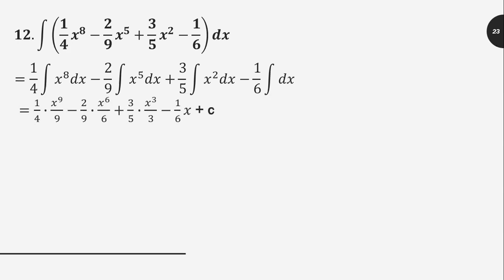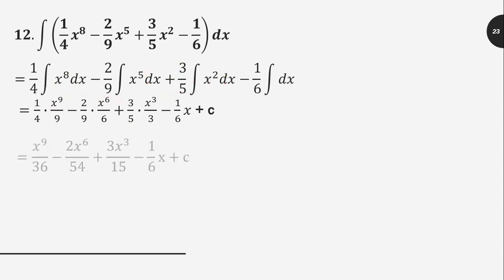So that becomes 1/4, then 8 plus 1 over 8 plus 1, which is x raised to 9 over 9. Then negative 2 over 9, 5 plus 1 over 5 plus 1, which is x raised to 6 over 6. Then 3 over 5, 2 plus 1 over 2 plus 1, so that is x cubed over 3, minus 1 over 6. And then the integral of dx is x, plus c.